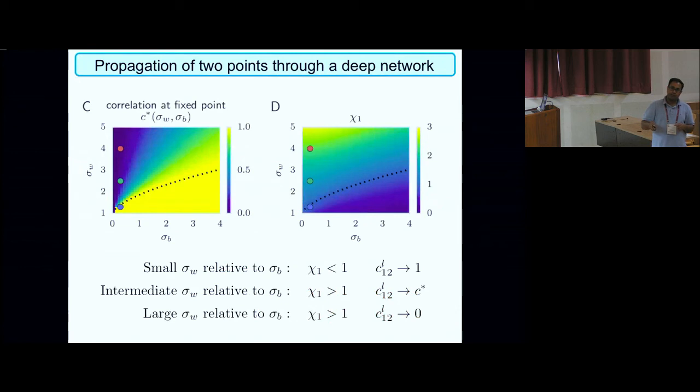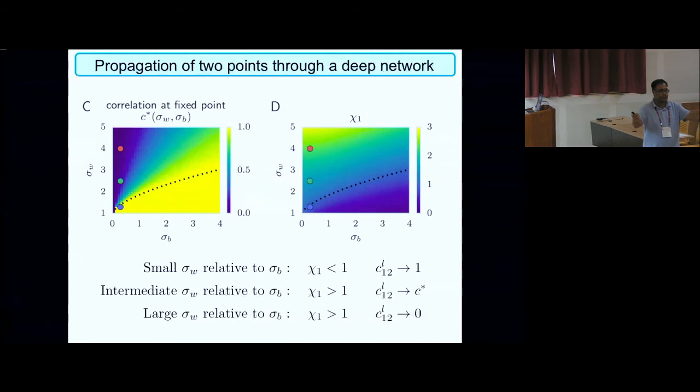There's a boundary in the phase diagram formed by the standard deviation of the biases and the standard deviation of the weights, where here chi1 is less than 1, and here chi1 is bigger than 1. This is the ordered phase where everything comes closer together, and this turns out to be a chaotic phase where nearby points get driven apart.